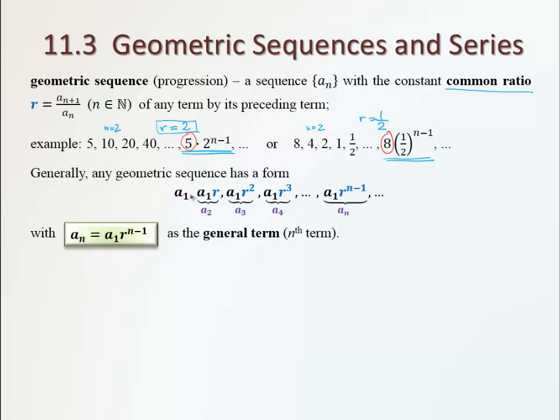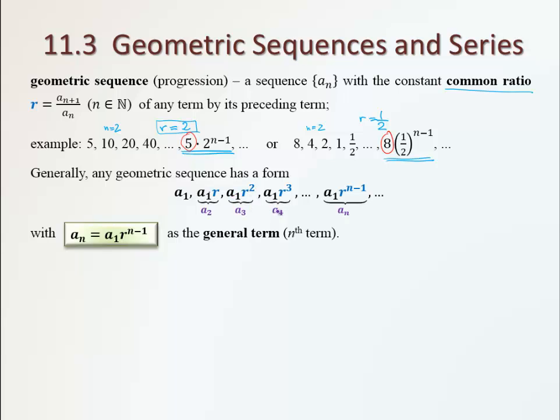So let's observe the geometric sequence. Since we know that the ratio between any consecutive terms is r, then if we start with the first term a1, the next term will be a1 times the common ratio r. And the following one will be the previous one times r. So that becomes a1 times r squared for the third term.